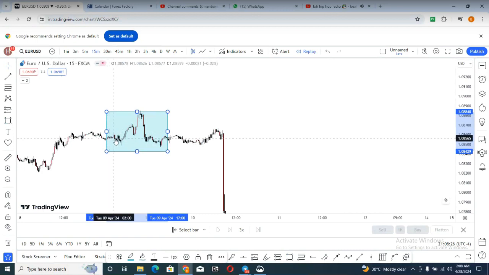Price opened here, went all the way up, creating the high of the day, then went all the way down to create the low. It closed below the opening. It created the low beyond the opening, so it is a bearish candle. So you know that we are selling. Now the next, if you see this, you know that we are selling, and see our price jump from here. So that's what has been happening here.